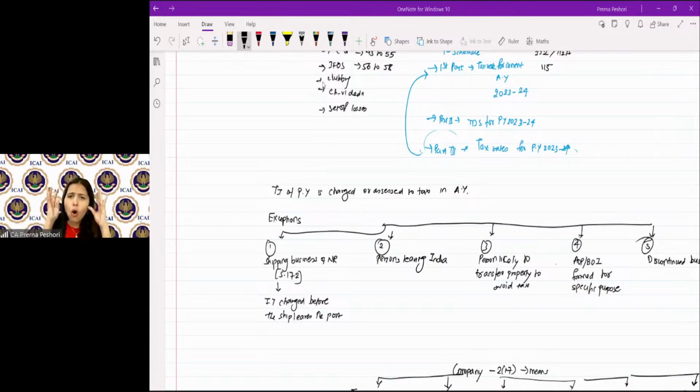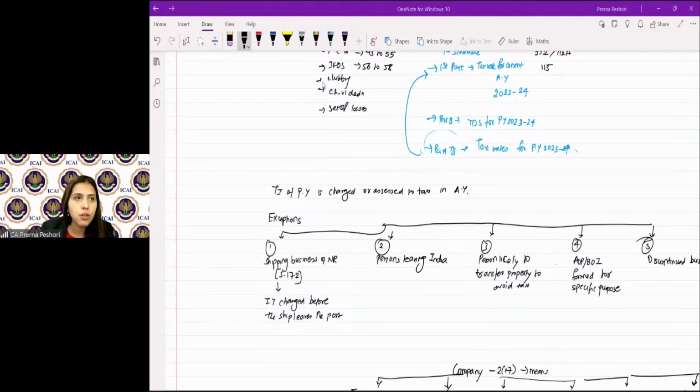It has all the obligations: filing of return of income, assessment, passing of the assessment order, everything is contained in 172. It is a non-obstante clause. It overrides all the other provisions of the Act. It's like the entire scheme is contained in 172, from the tax rate to the computation to the assessment. Everything is contained under 172.